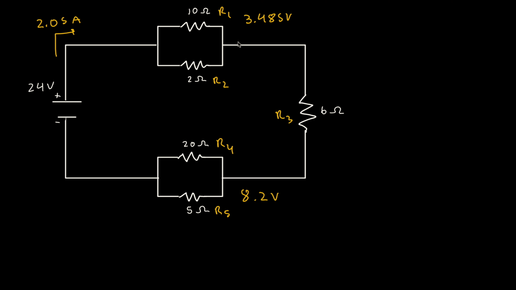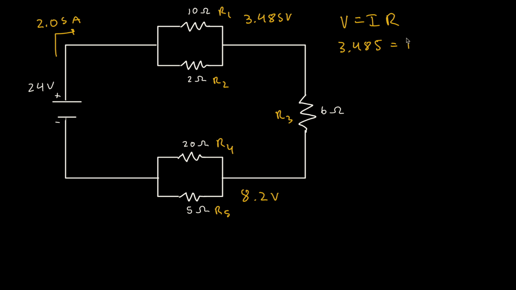So to find the amount of current that is flowing through each of these resistors, we know the total amount of voltage. So all we have to do is bring up Ohm's law, and we know that the voltage flowing through each of these guys is going to be 3.485. Remember, when these resistors are in parallel, our voltage is going to be constant through each of them. So we're trying to find our current, and we know our resistance is 10.